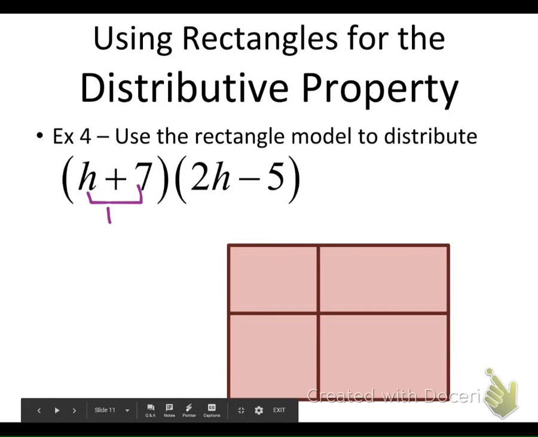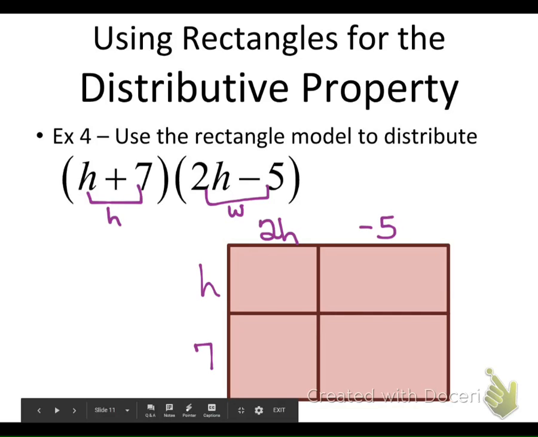And my second group? So what do I write right here, where I put the x? H. What goes below it? What's my next height? Then what's my first width? What's my second width?